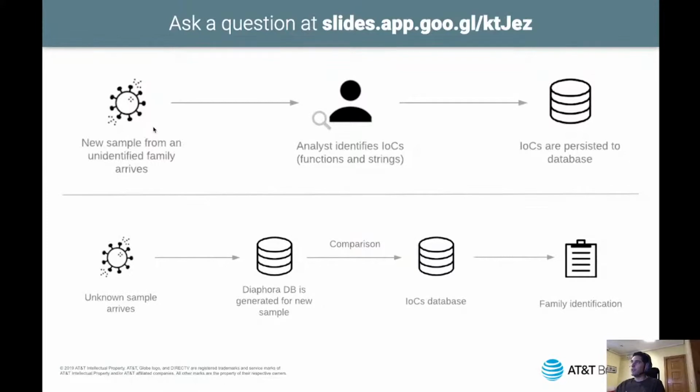Then once you have this indicator database built, you can start accepting samples and generating their Diaphora database for that sample, and then you compare the Diaphora database for the sample with the indicator database. So then you would get code matches across the two databases, and of course get the family identification for that sample.